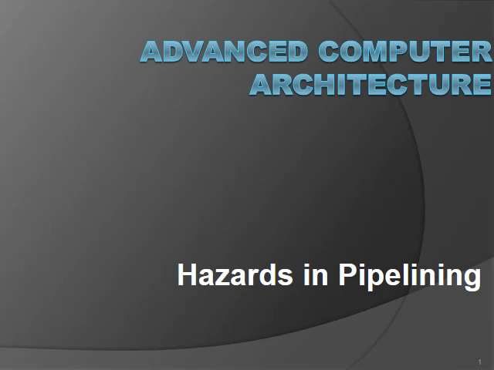Today we will discuss different types of hazards that occur in pipelining. In the last lecture, we discussed in detail the basic concept of pipelining, the instruction stages involved in pipelining, and the key features of pipelining.